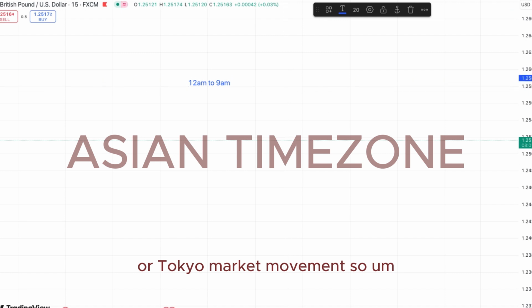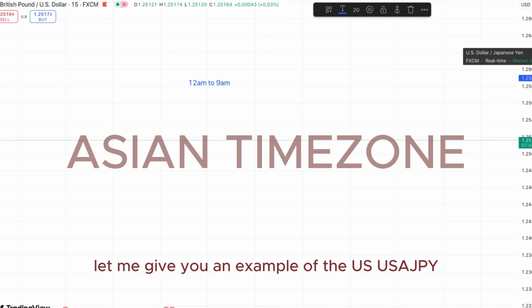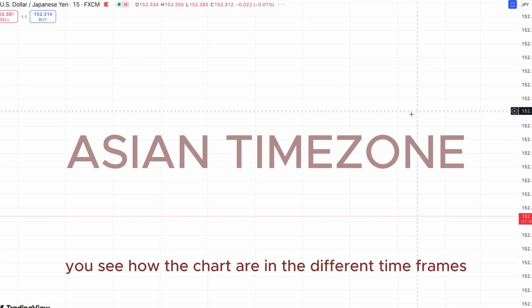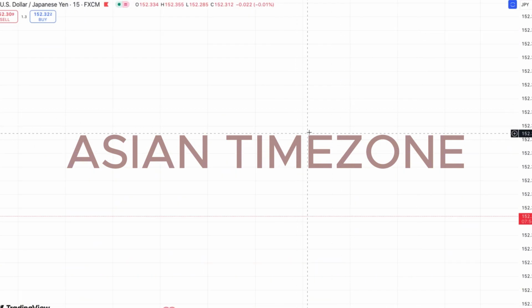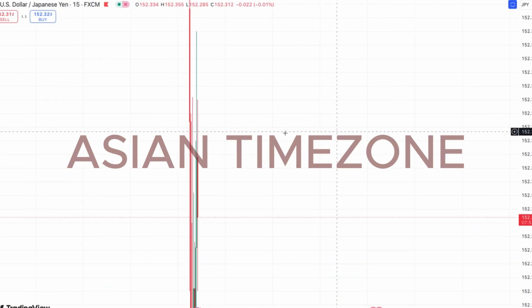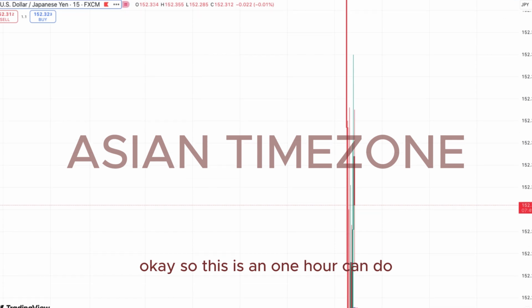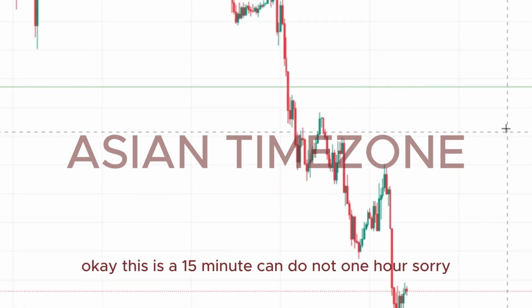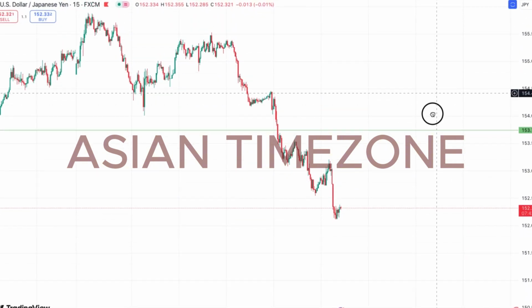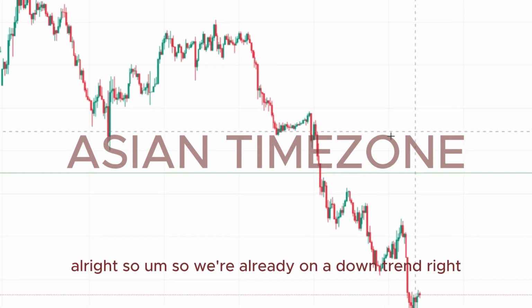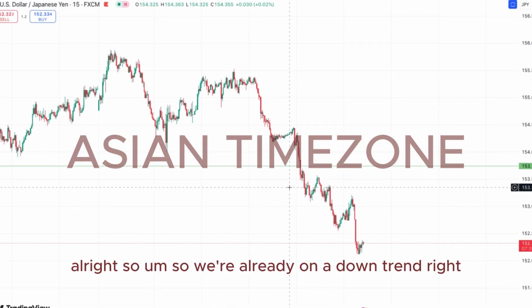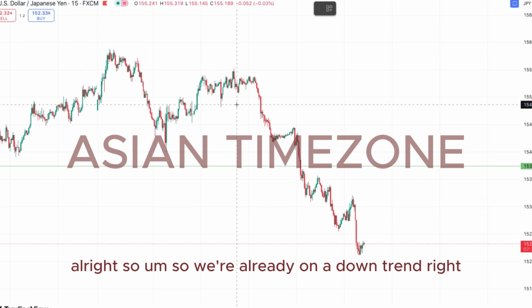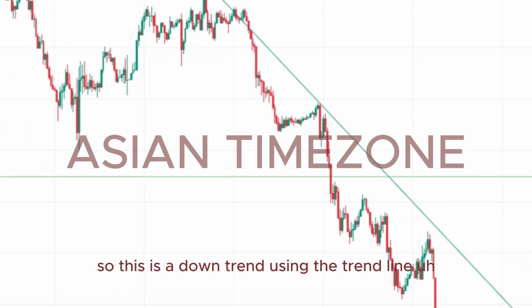So let me give you an example of the USDJPY so you see how the charts are in the different time frames. Okay, this is a 15-minute candle, not 1 hour, sorry. All right, so we're already on a downtrend, right? So this is a downtrend using the trend line.